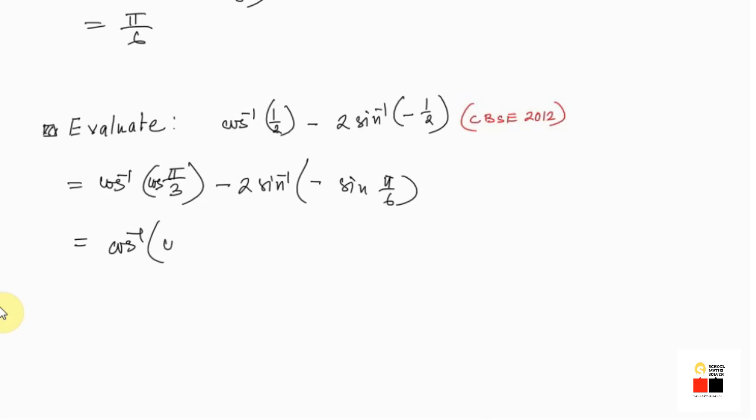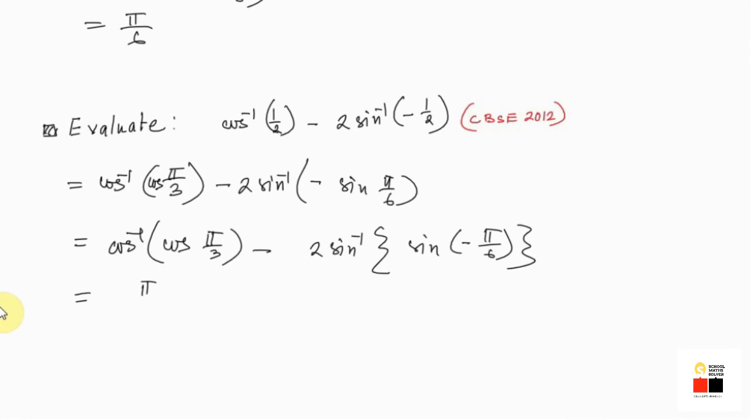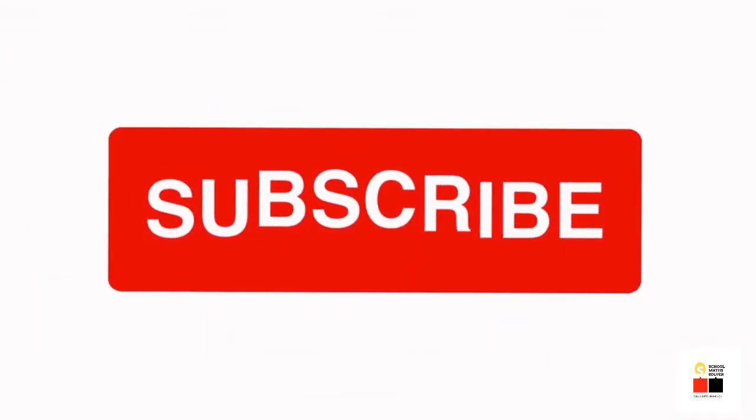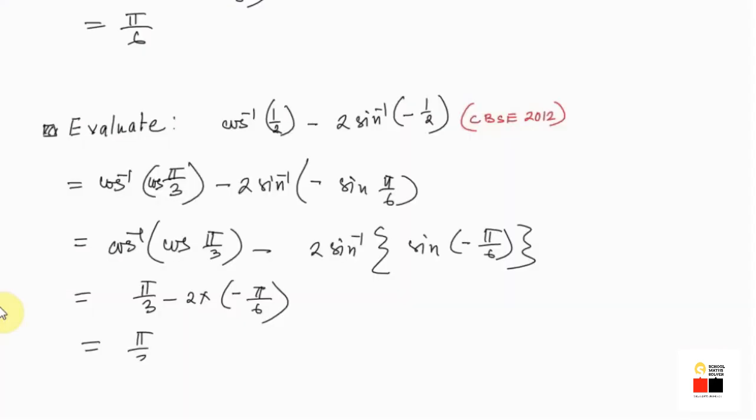Cos inverse of cos pi by 3 minus 2 sine inverse of sine minus pi by 6, that is pi by 3 minus 2 into minus pi by 6. Pi by 3 plus pi by 3, that is 2 pi by 3. 2 pi by 3 will be the answer.